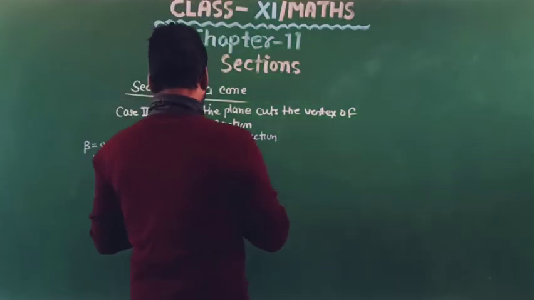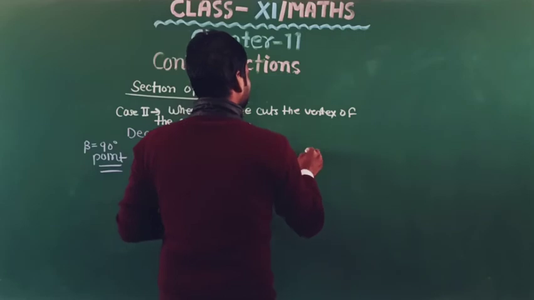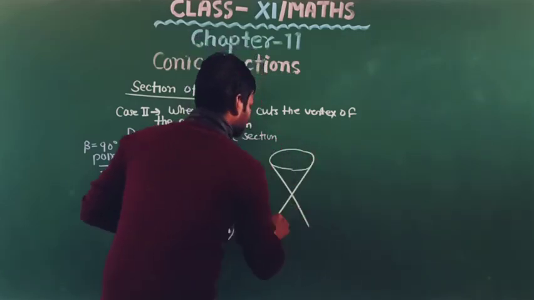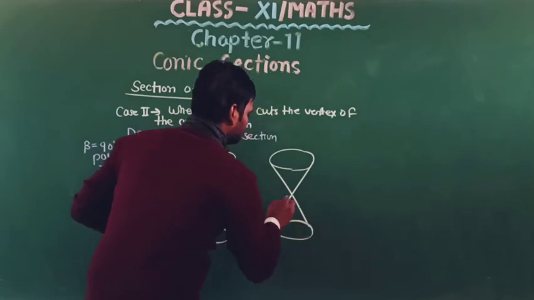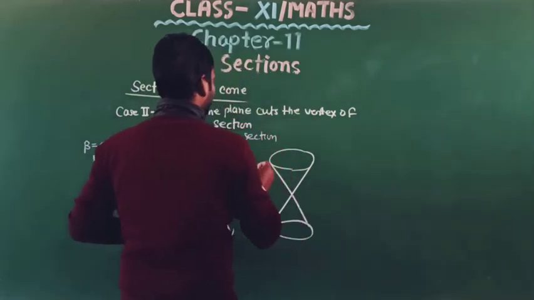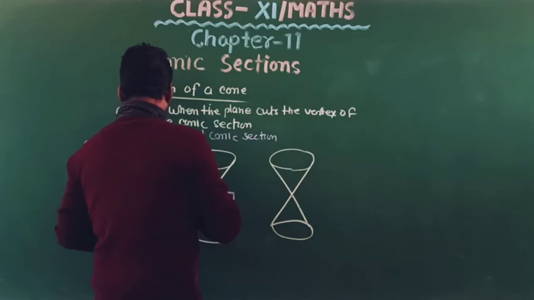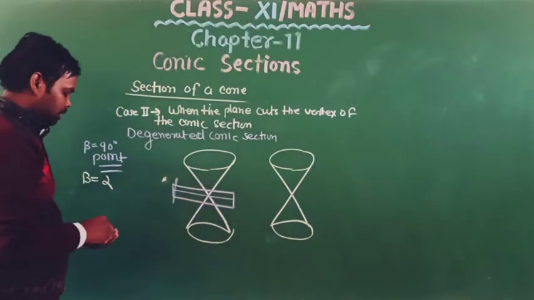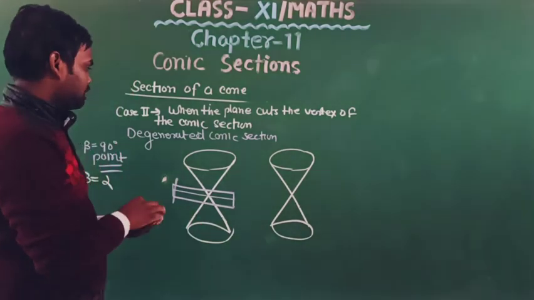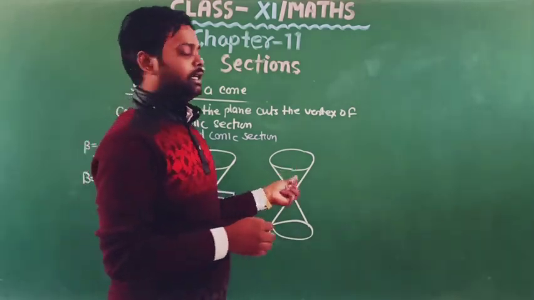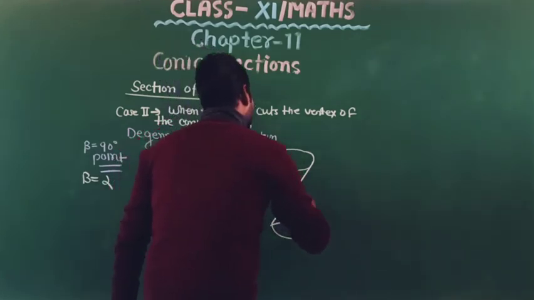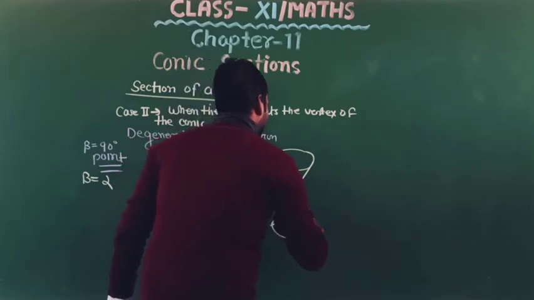And second, when beta is equal to alpha, the section obtained when cutting the neck of the cone is a parabola.